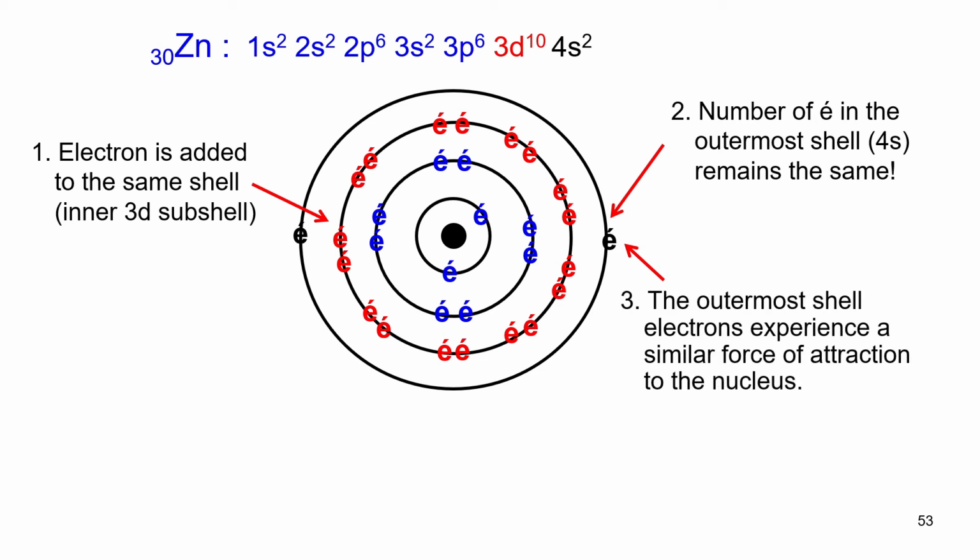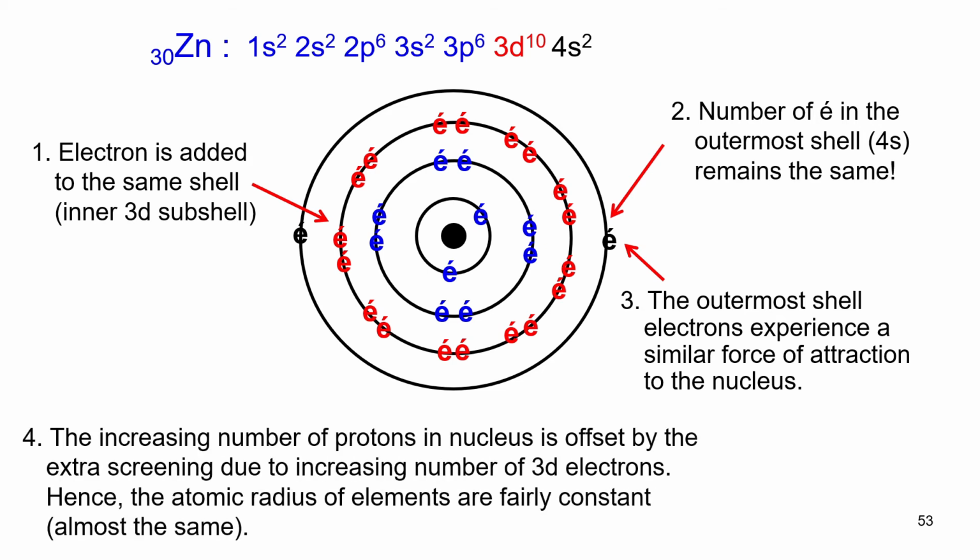So the outermost shell electrons experience a similar force of attraction to the nucleus. The increasing number of protons in the nucleus is offset by the extra screening due to the increasing number of 3d electrons.